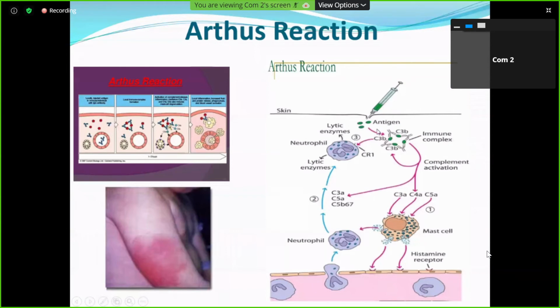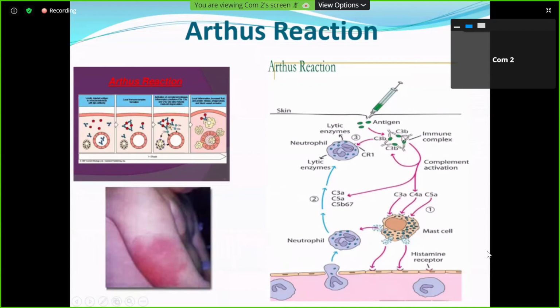So that on this secondary challenge with the antigen, those preformed antibodies can bind to that secondary vaccine to create these immune complexes. As a result of the immune complexes, they can then activate complement through the complement pathway, but not going fully to the membrane attack complex, but creating C3b.